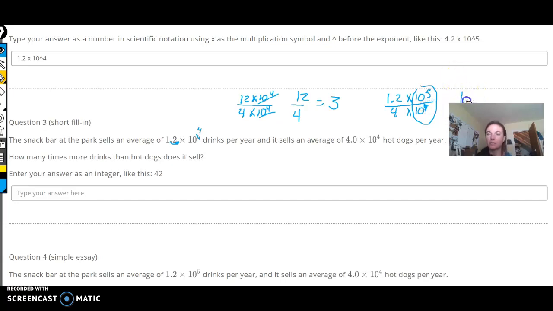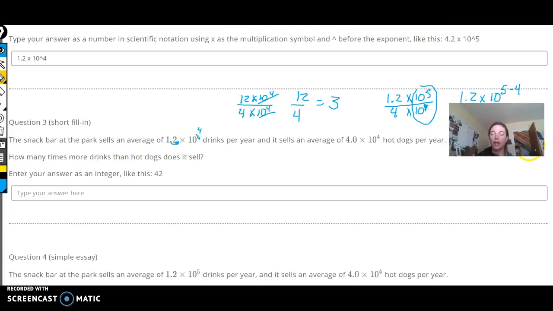So we're going to say 1.2 divided by 4 times 10 to the 5 minus 4 power, or this becomes 1.2 over 4 times 10 to the 1st, since 5 minus 4 is 1. 10 to the 1st is just 10.